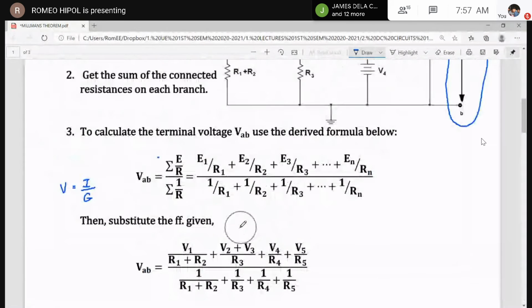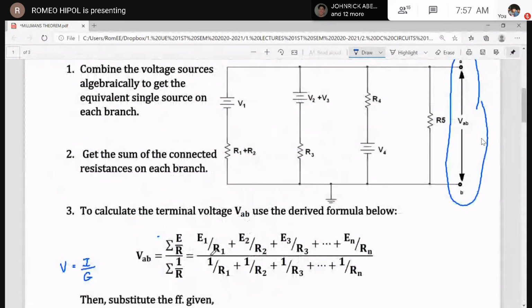Okay, from the derived formula. So ito yung magsisilbing numerator natin. V over R stands for the individual voltage over the connected resistance on each branch. Naintindihan? So in this case, V sub 1 over R sub 1.